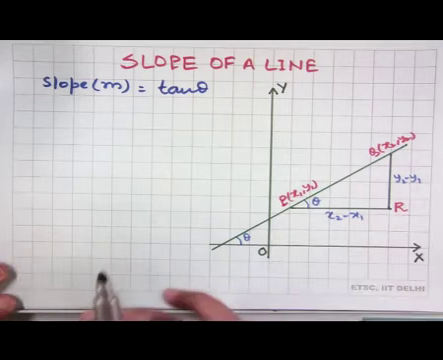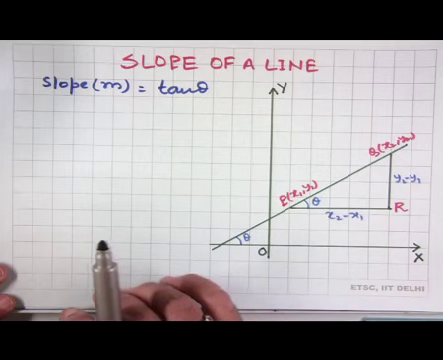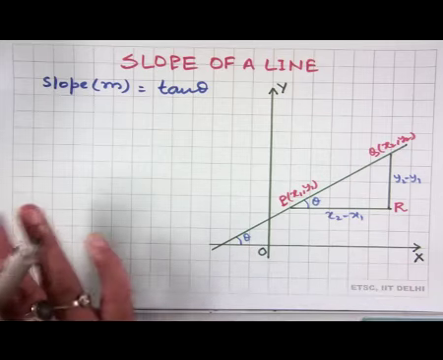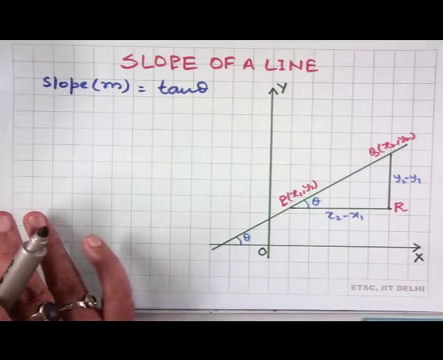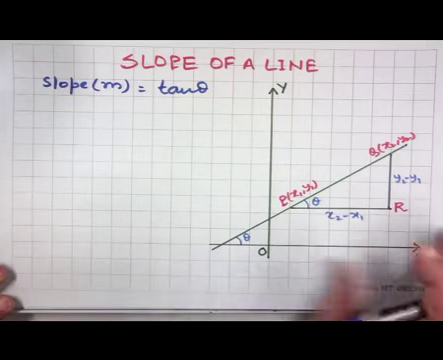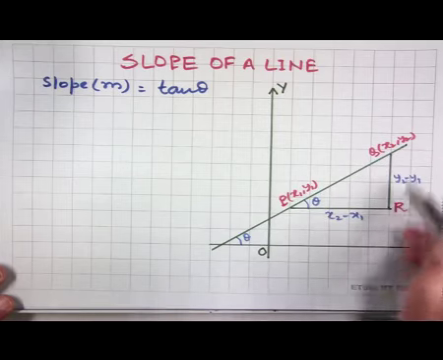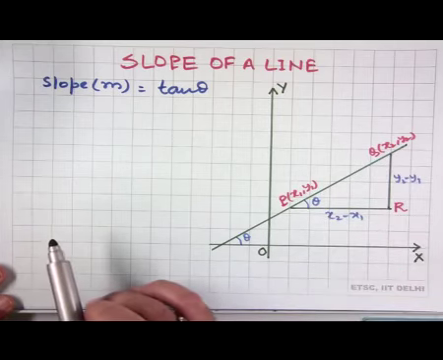When 2 points on a line are given and this theta is not known, for this we just complete a right angle triangle, that is PQR.